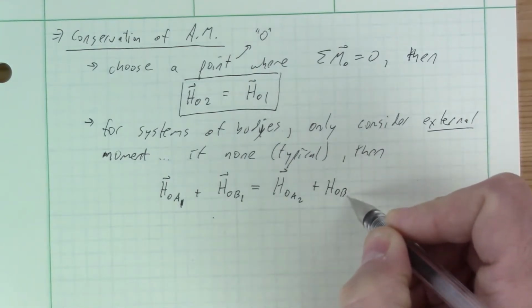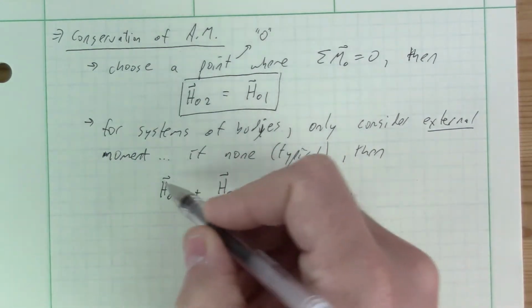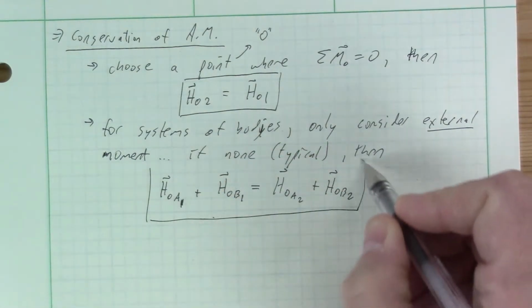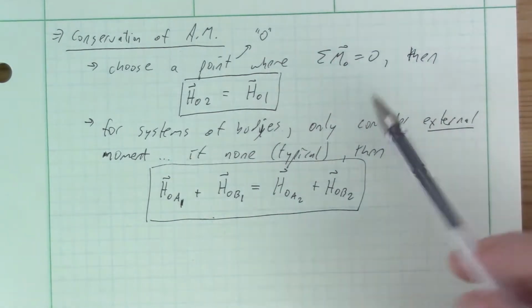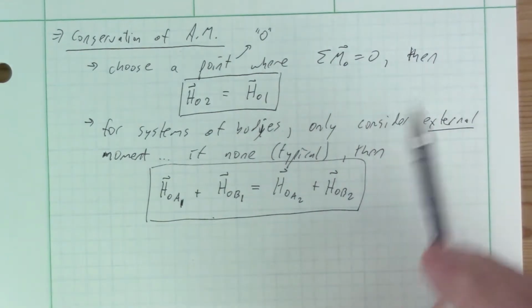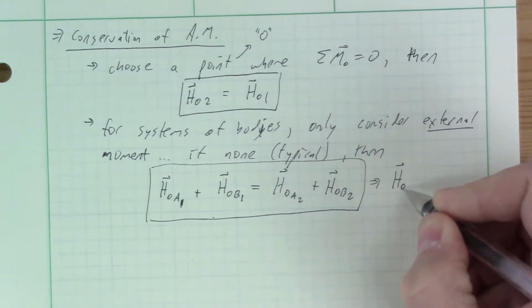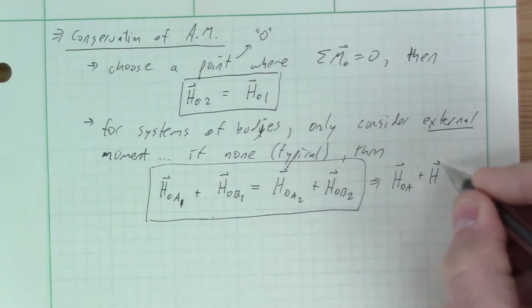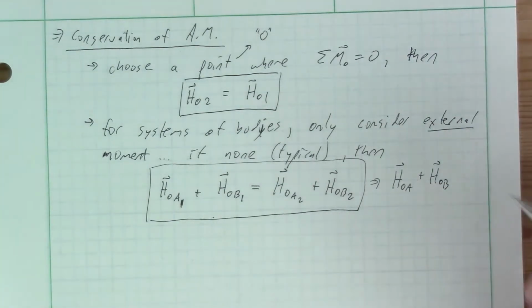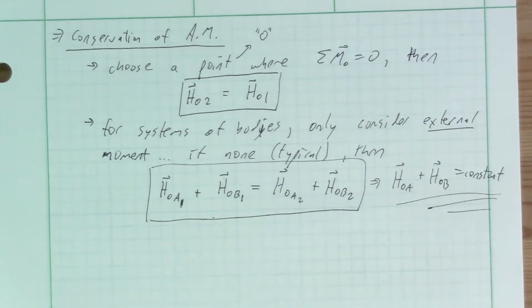So no matter how we define our system, if we choose a point where this is true, then throughout the evolution of the system, this total angular momentum stays constant. That's just the main idea.